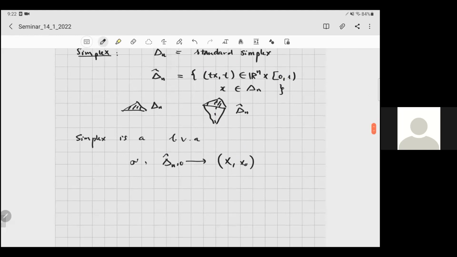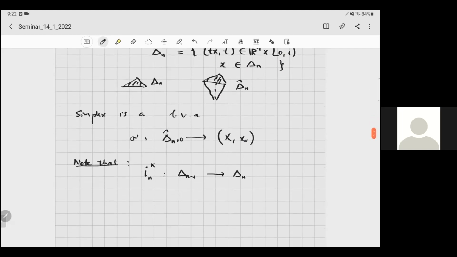So we have the face maps, right, from Δ(n-1) to Δn, which take Δ(n-1) to a face of Δn. It is defined as usual: (b0, ..., b(n-1)) goes to (b0, ..., b(k-1), 0, bk, ..., b(n-1)).